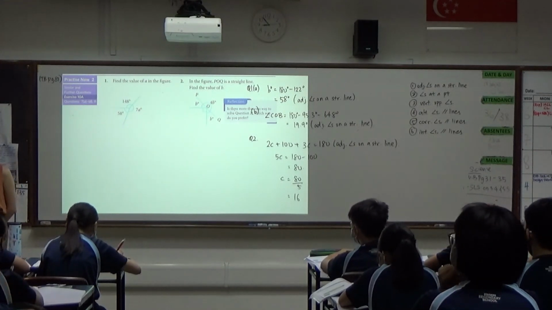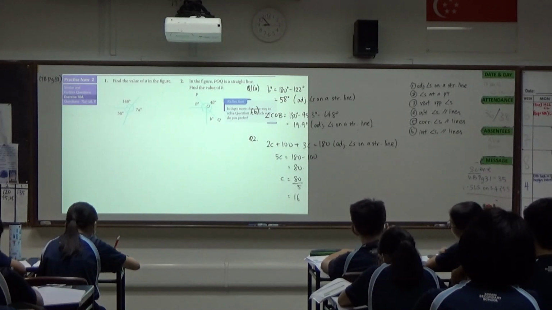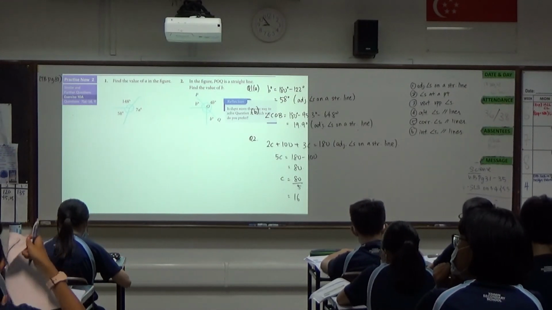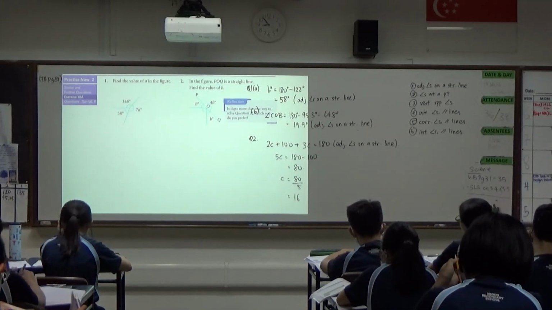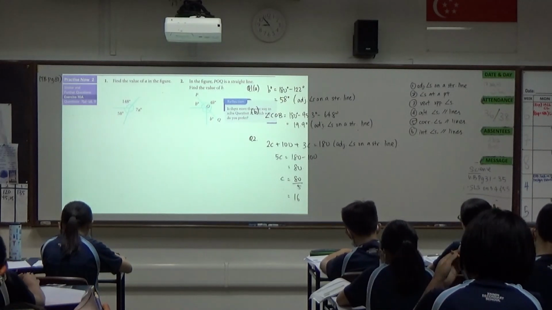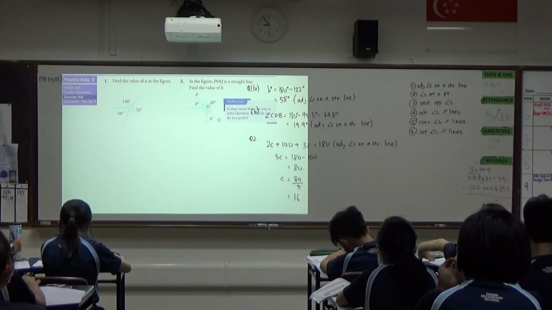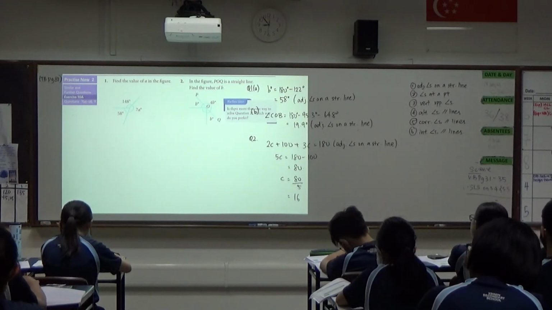Or maybe you can tell me what property you are going to use. I've listed all the properties on the right side of the whiteboard. First, second, third, fourth, fifth, sixth.